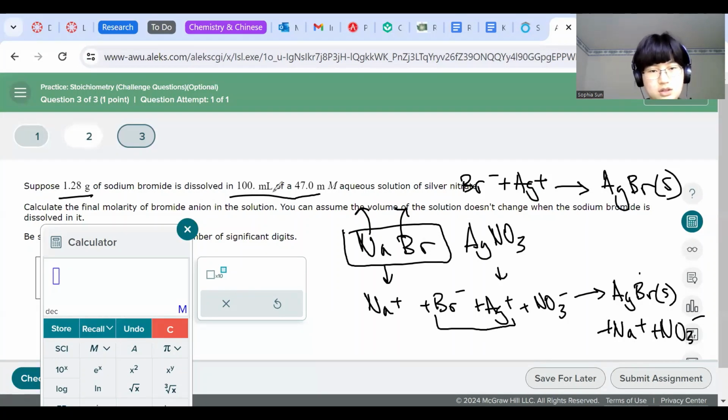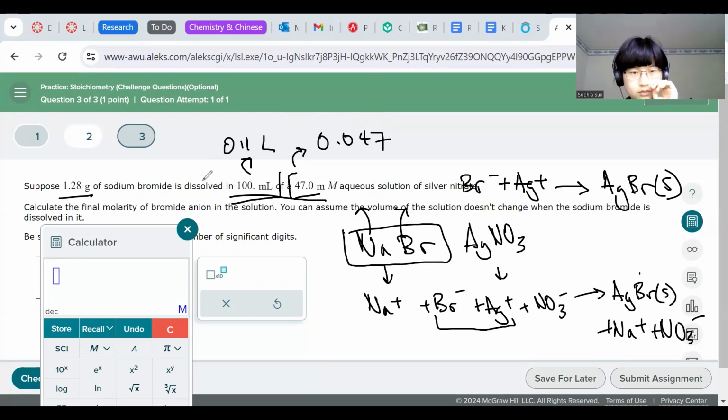First, let's address the two unit conversions. 100 milliliters is equal to 0.1 liters, while 47.0 millimolar is simply 0.047 molar. Now we can set it up so the units cancel out to give us moles. Because molarity is moles over liter, we can multiply molarity by liters to give us moles. I'll do that right now.